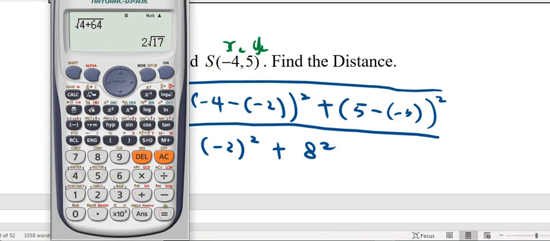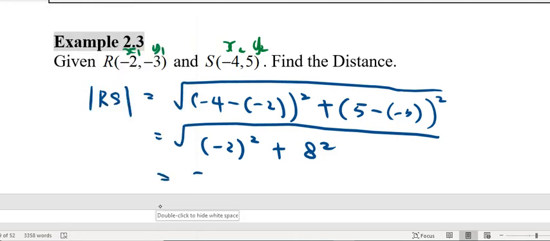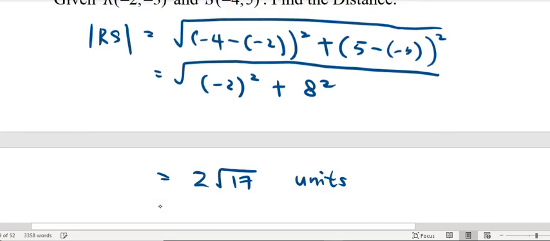You get 2 square root 17. Just write down your answer: 2 square root 17 units, because here they don't give you any specific units, so you just write down the units as general. So far okay? Let's proceed.